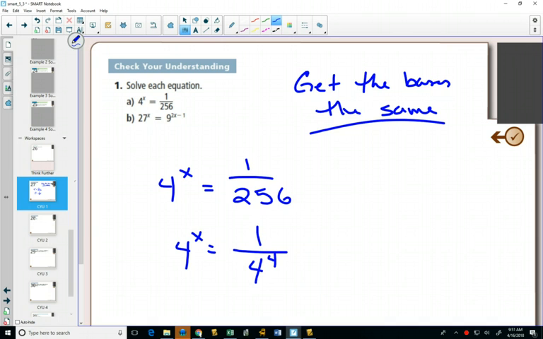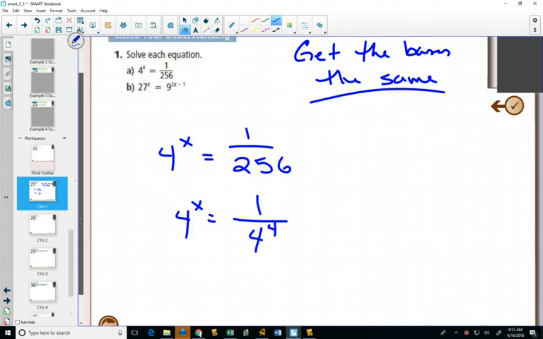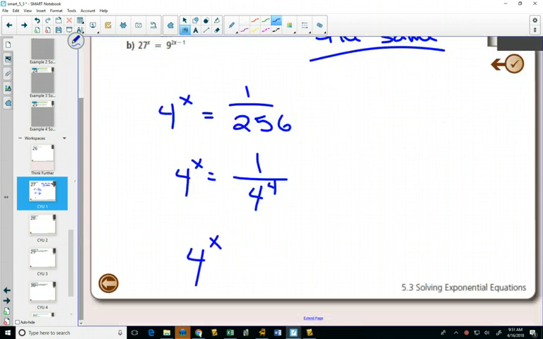Here I have 4 to the x. Here I have 1 over 4 to the 4. I would like both sides to be 4 to the something, and so this is where we're going to use our exponent rules and say, what's another way that I can write 1 over 4 to the 4? Negative exponent rules, 4 to the negative 4.